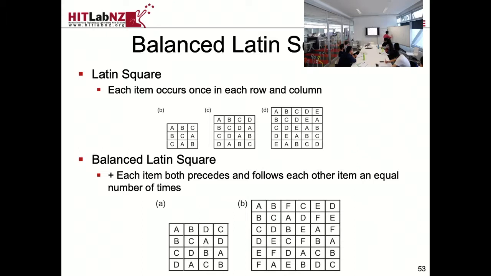A, B, N, C, N minus 1, D. But this A, B, C, D does not mean this one. It means each location. Location 1, location 2, location n, location 3, location n minus 1, location 4. Okay? Then can you understand?